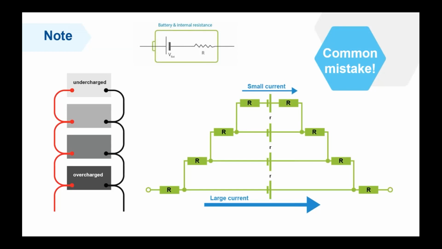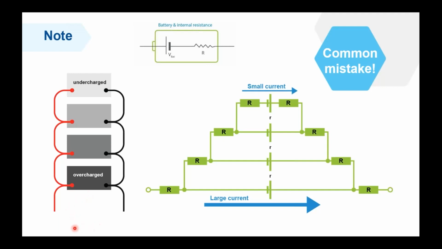So we have covered this in the previous webinar, but I think it's worth mentioning it again here. We see this a lot in the field, and this is the source of, let's say, damages to a lot of batteries. What happens here? Why is this wrong?